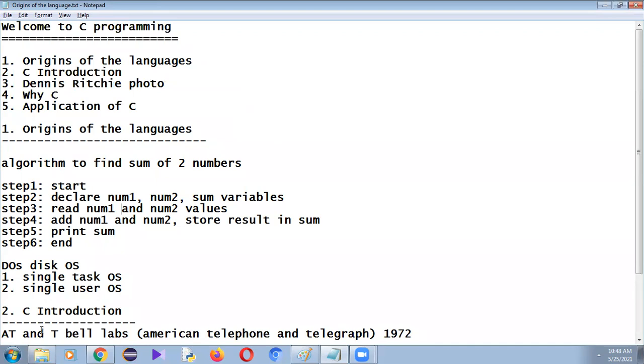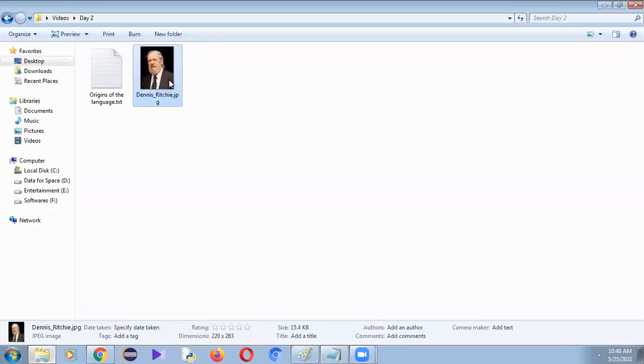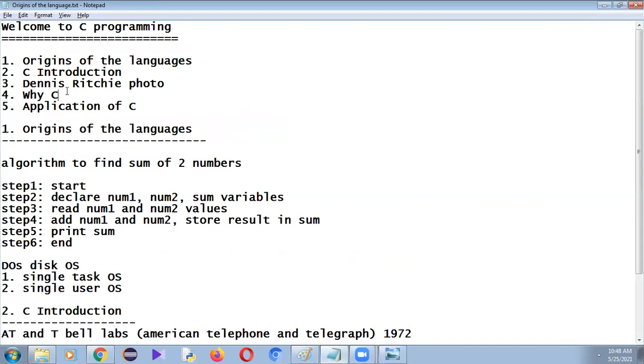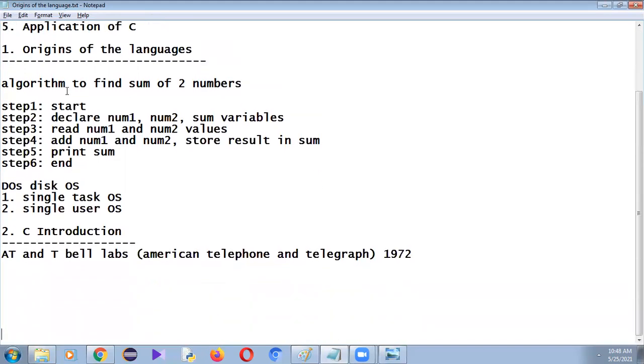Let's see the Dennis Ritchie photo. He is the person who invented the C programming language and is the inventor of the Unix operating system. Let's see why we have to learn the C programming language. Why C? Because C is small.